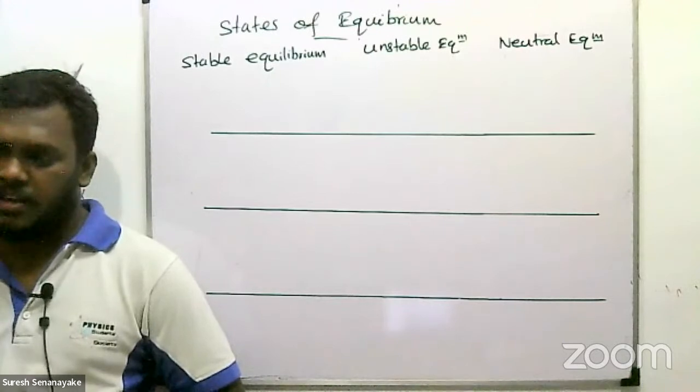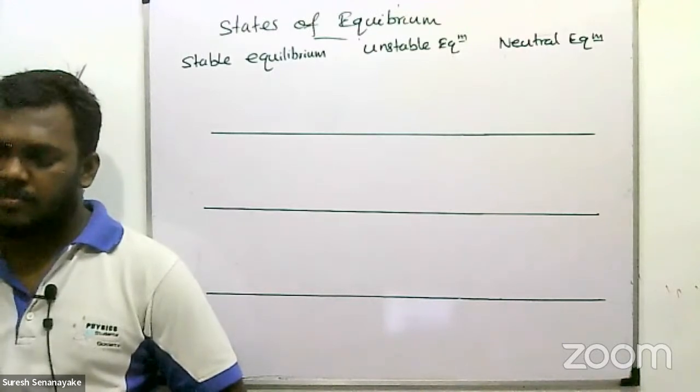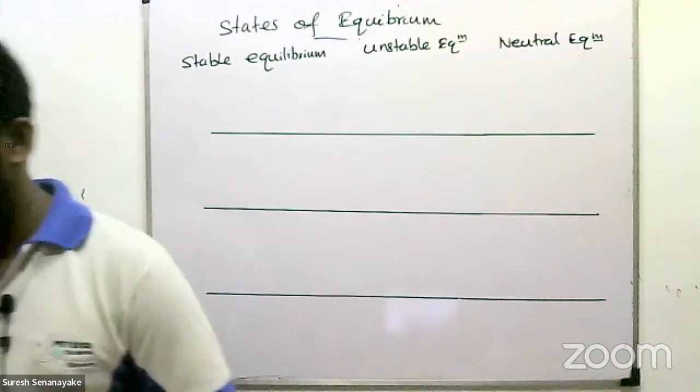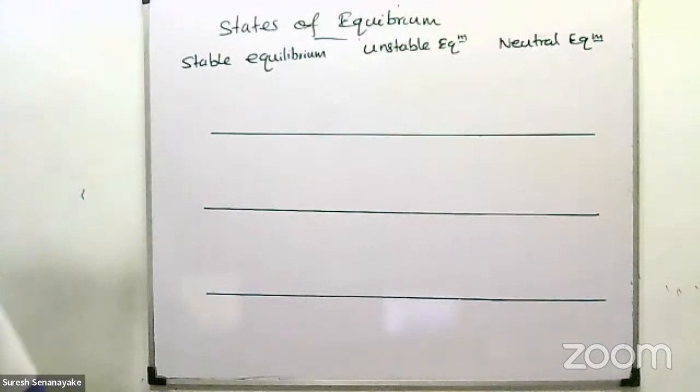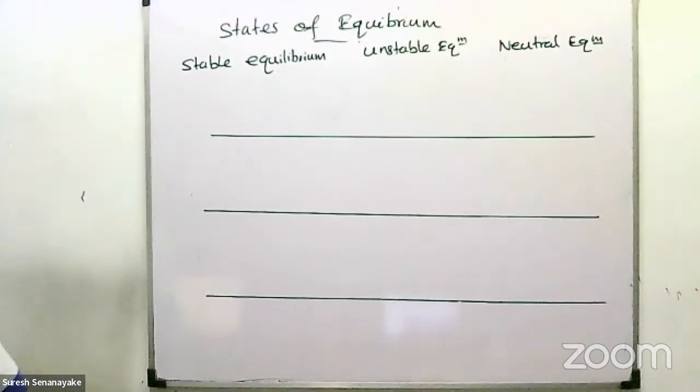Then there is the second one, unstable equilibrium.